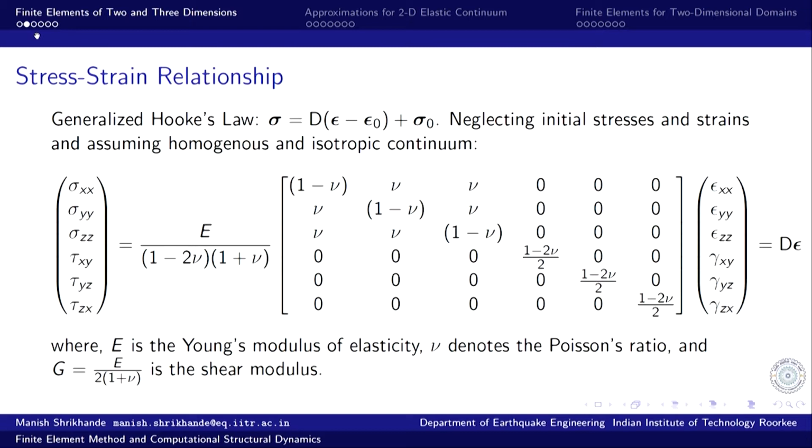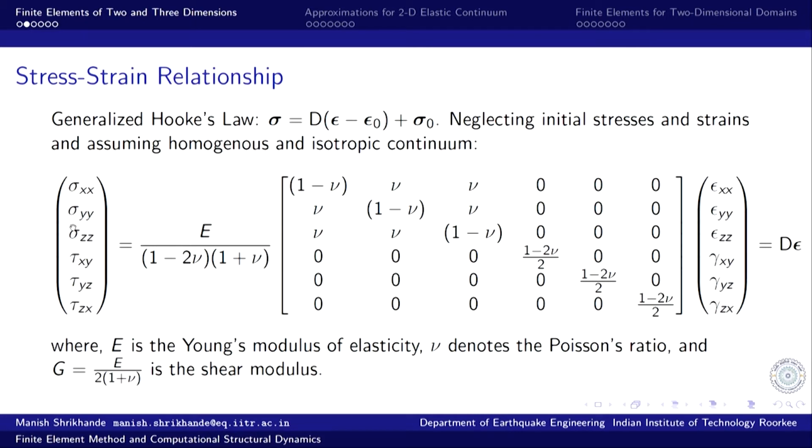this D matrix can be appropriately regained, and you can find that sigma zz can be related to epsilon xx and epsilon yy, and it can be taken out of consideration from this equation.